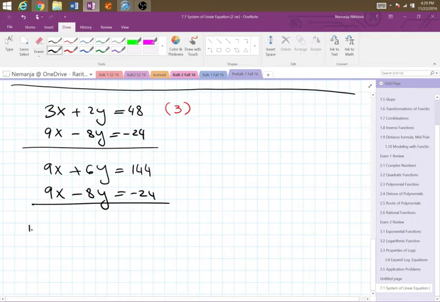I'm going to say equation 1 minus equation 2. So 9x minus 9x is 0. 6 minus minus 8 is positive 14. And 144 minus minus 24 is 168. So y is 12, I hope.